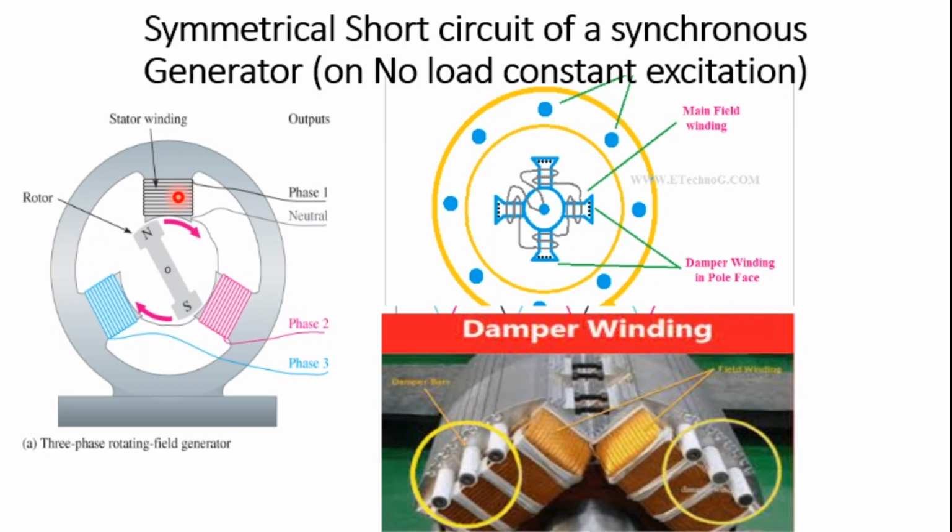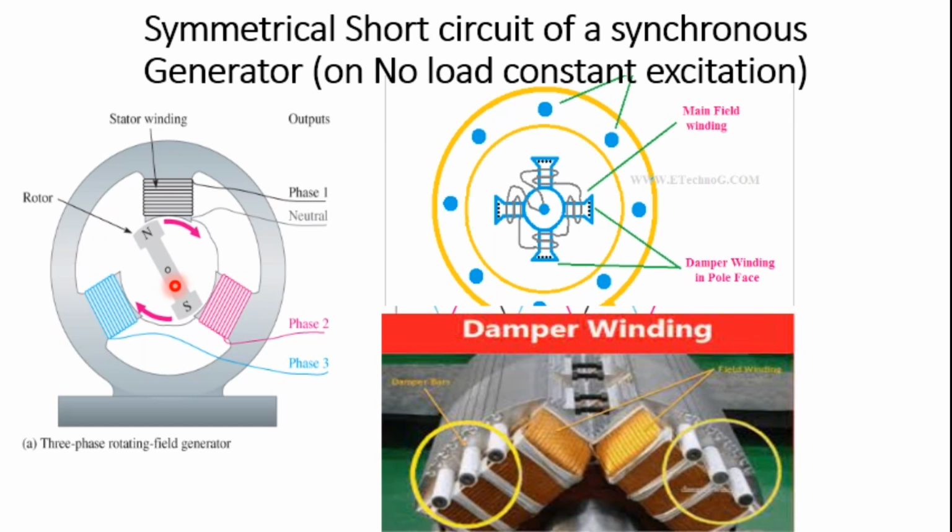We know that the synchronous generator consists of armature winding, which is symmetrical for the three phases on the stator, and a field winding which is wound on the rotor.